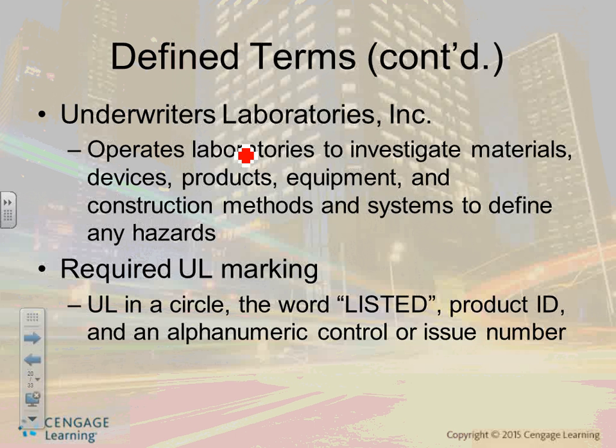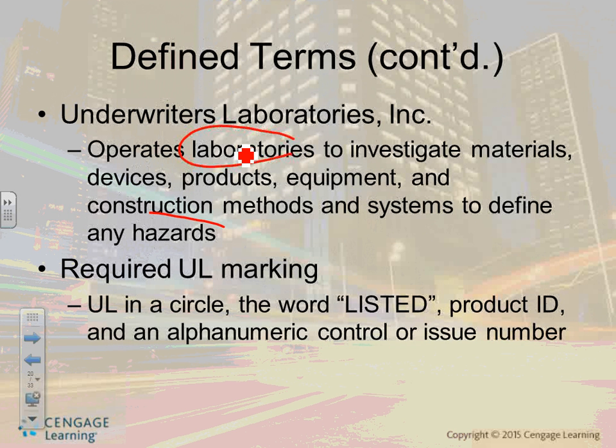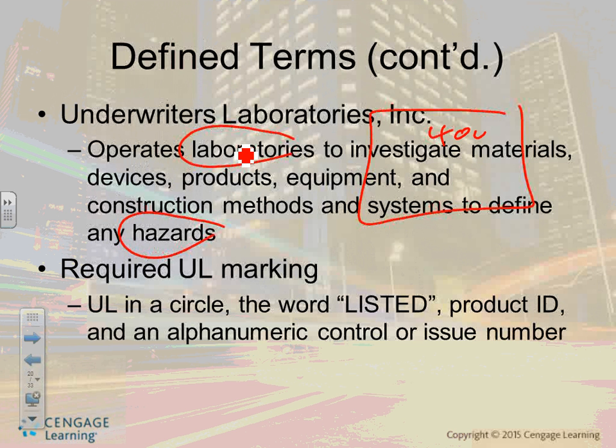UL has laboratories, and they investigate materials, devices, products, equipment, construction materials, and systems to define any hazards. So I always say, guys, here's a switchgear. This is a 4,000 amp switchgear. It's going to be interrupting 85,000 amps, and the voltage is 480/277 as high volt.